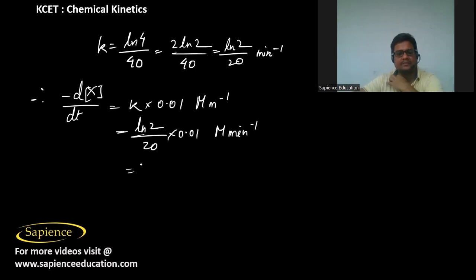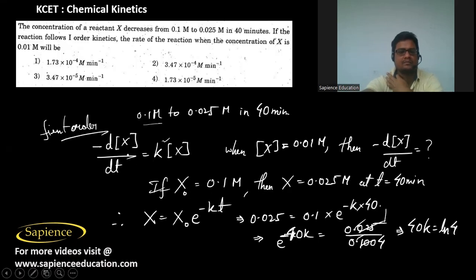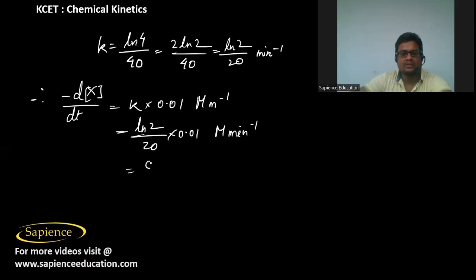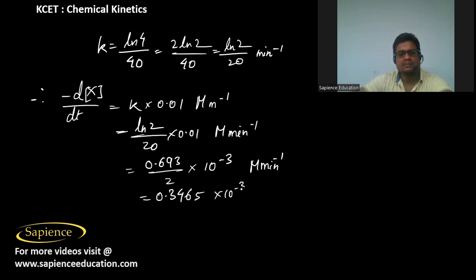So this will be, ln 2 means it is 0.693 by 20, into 10 power minus 3 molar per minute, and this will be equal to 0.3465, or I can say 3.465 into 10 power minus 4 molar per minute.